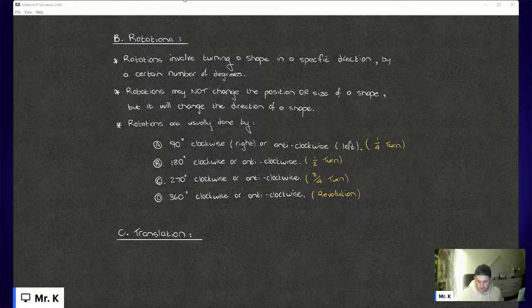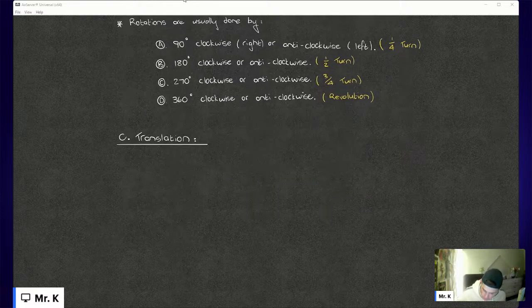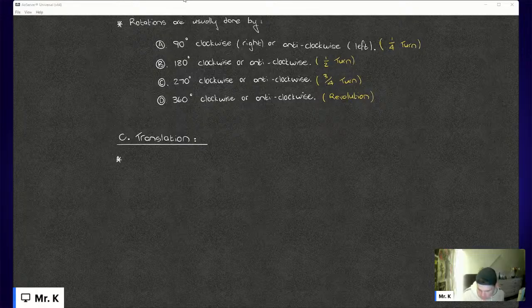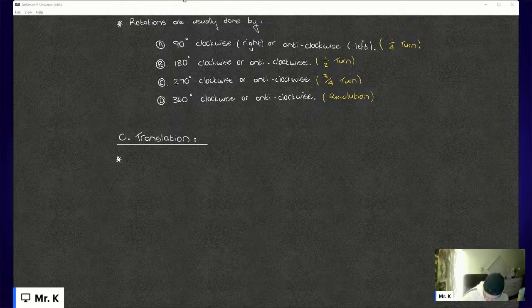Okay, let's move on to translations, grade nines. The next transformation that we need to understand for the sake of transformation geometry, like I said, translations.